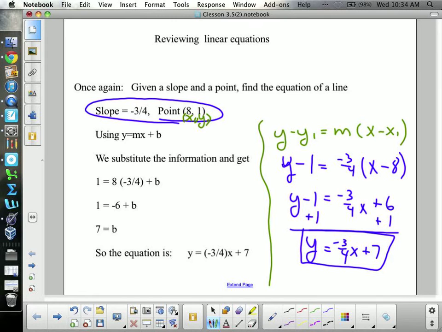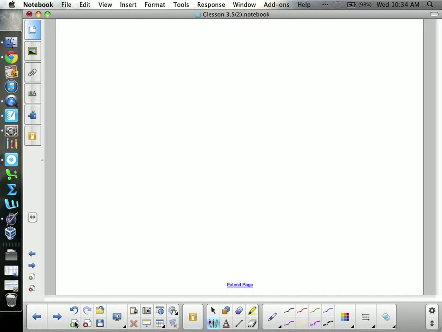Undefined? Sure. Okay, give me any point. 6, 2 is my point, and the slope is undefined. When the slope is undefined, the equation is always just x equals whatever the x-coordinate of the point I'm given is.